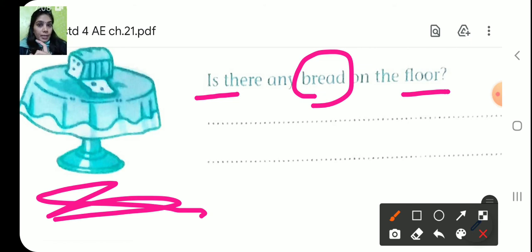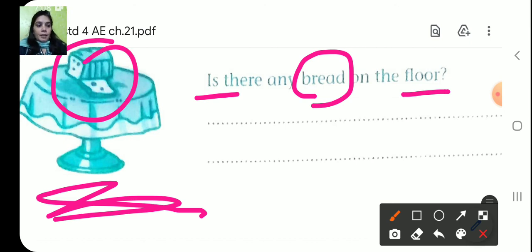Can you count the bread? We cannot count the bread, but we can count the slices of bread. But here they have asked bread. There isn't any bread on the floor, but there is some bread on the table.